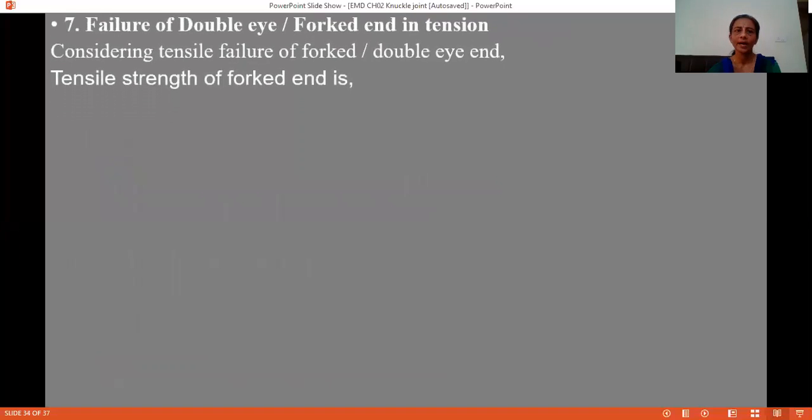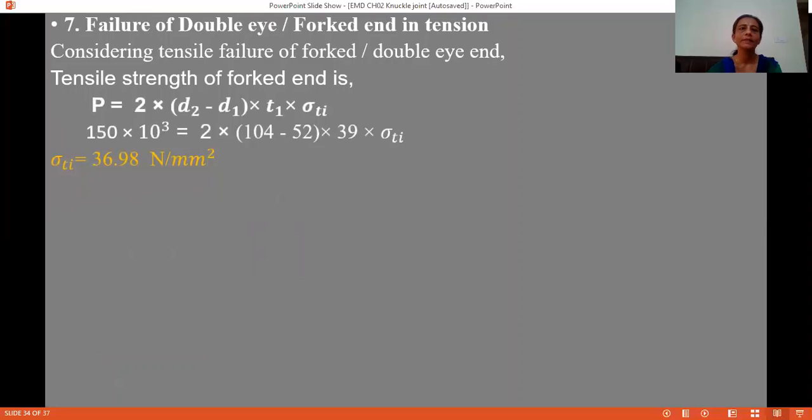Now, friends, similarly, we will check double eye for various failures. First, we will see forked end in tensile failure, across the hole. Because it has two eyes, the strength equation is P is equal to 2 times (d2 minus d1) into t1 into sigma t induced.